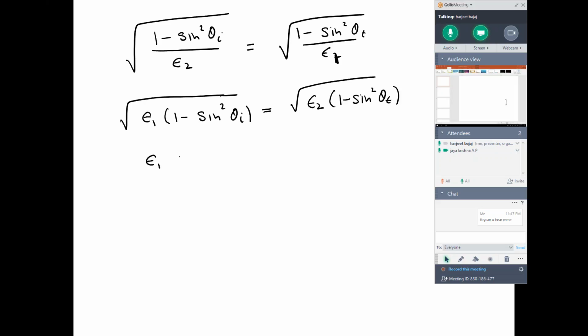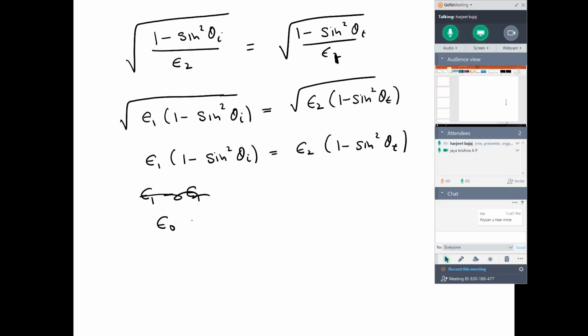Open it up, I get ε₁, 1 minus sin² θᵢ is ε₂, 1 minus sin² θₜ, which, let me just make it slightly easier, ε₀ relative permittivity in 1, 1 minus sin² θᵢ is ε₀ εᵣ₂, 1 minus sin² θₜ.